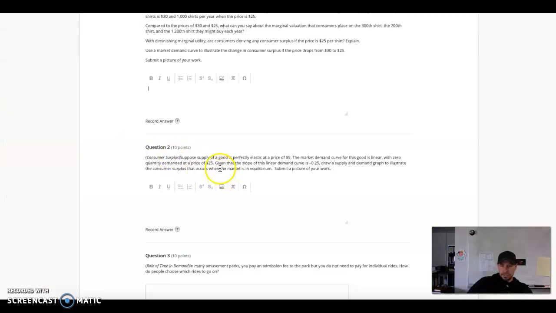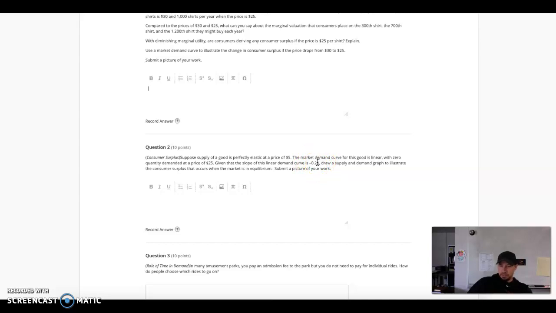If we go further, it says given that the slope of the linear demand curve, so it's a straight line again, is negative 0.25. Remember, all demand curves are going to be negative. It's an inverse relationship. Law of demand says so, right? So it's going to be downward sloping. So how are we going to draw this demand curve with a slope of 0.25? Well, we know what 0.25 is as a fraction.